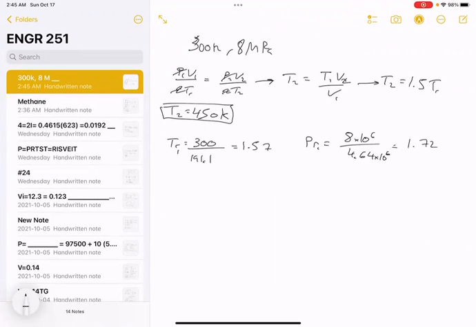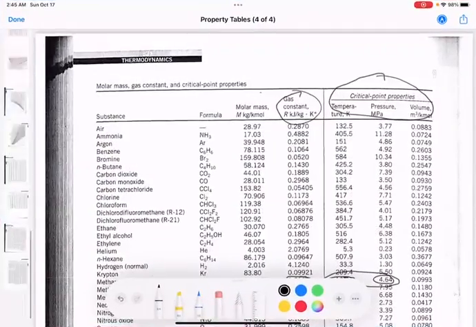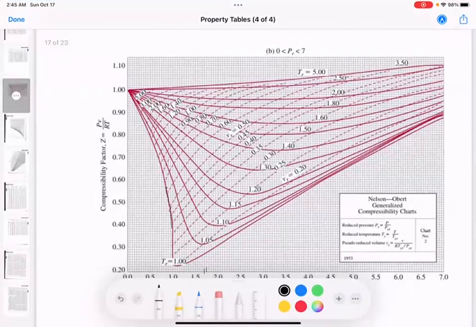Okay, now we're going to take these two values and see what this tells us about the specific volume. We're going to use the reduced specific volume, I should clarify, as our link to go from the initial to the final state. So going to the compressibility chart, let's draw a line for our reduced pressure, which we know is 1.72. So that's right around there.